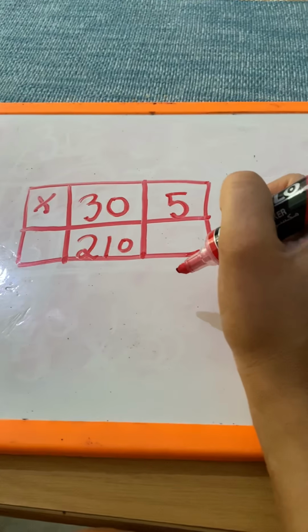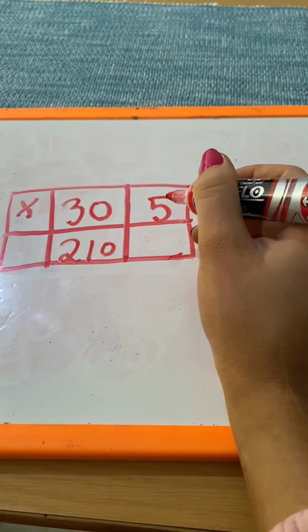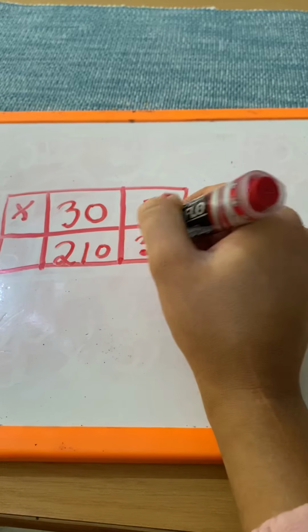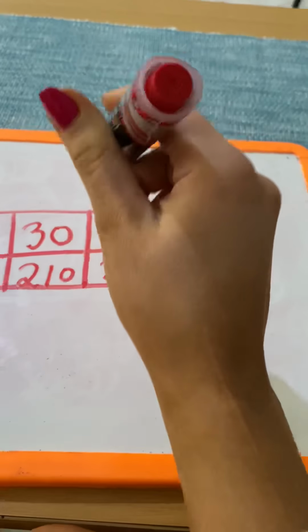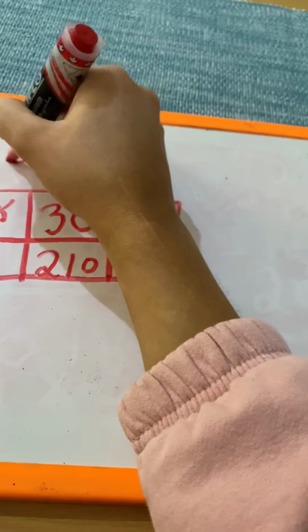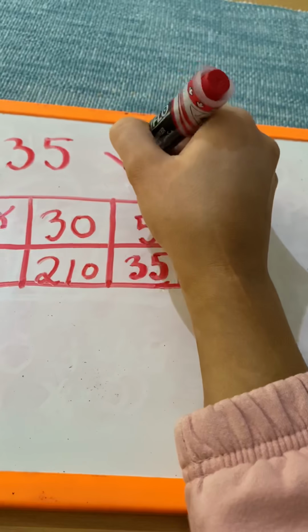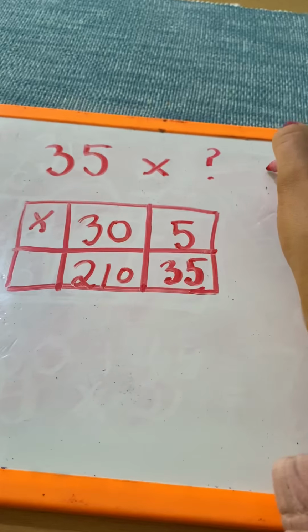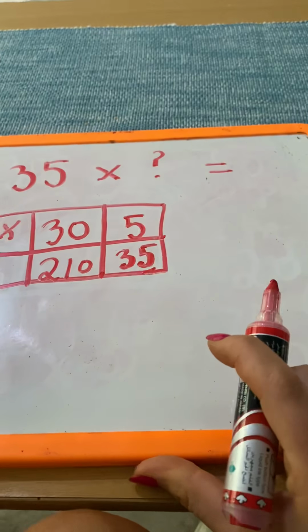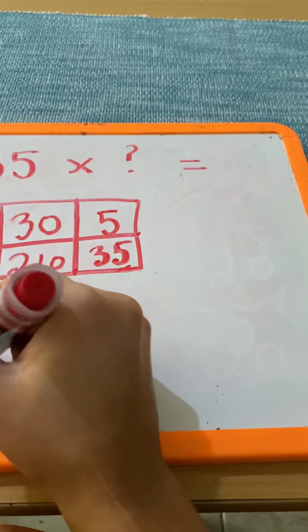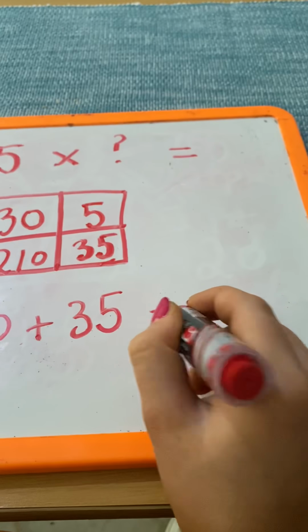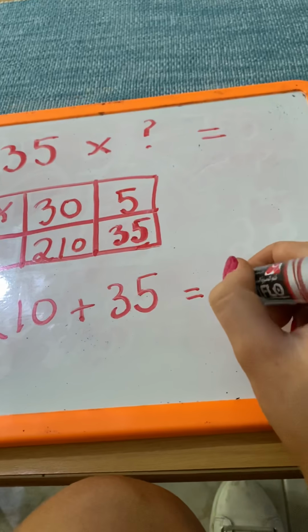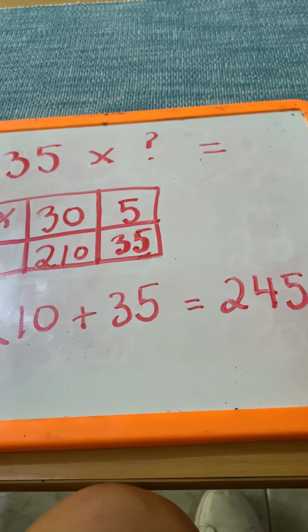And here we're going to have the number 35. So they're quite big numbers, okay? So we can see that our input is 35. We don't know our function, and we can see that our output is 210 plus 35, and we know that that is 245.